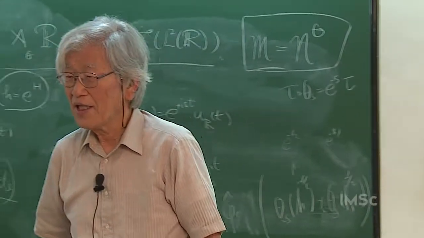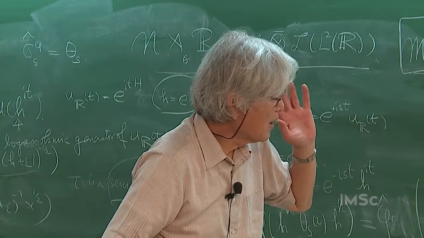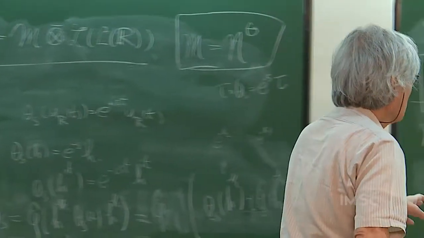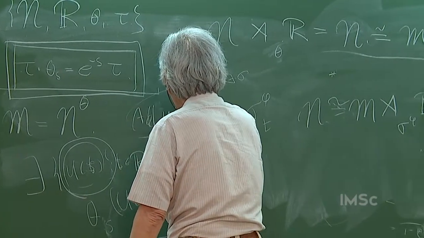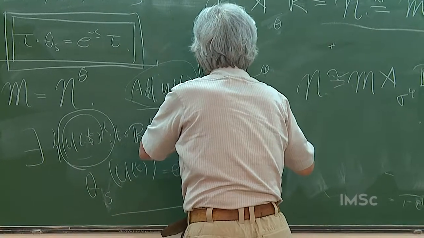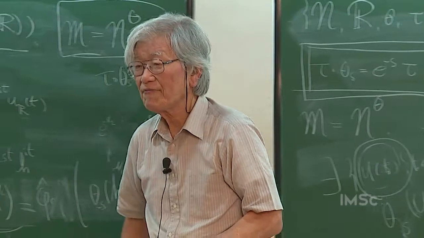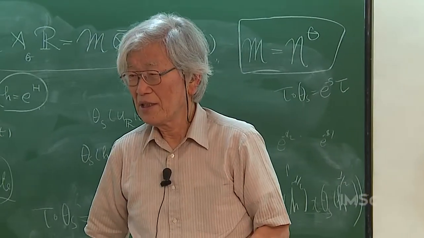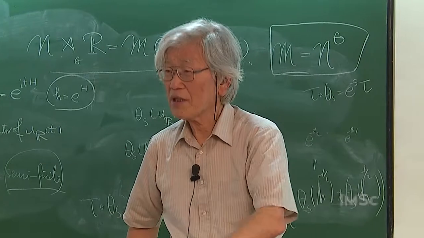Yes, the cross product of N by theta equals N. Indeed, the restriction of this inner automorphism of N to M becomes the modular automorphism on M, and the theta becomes the dual to that.